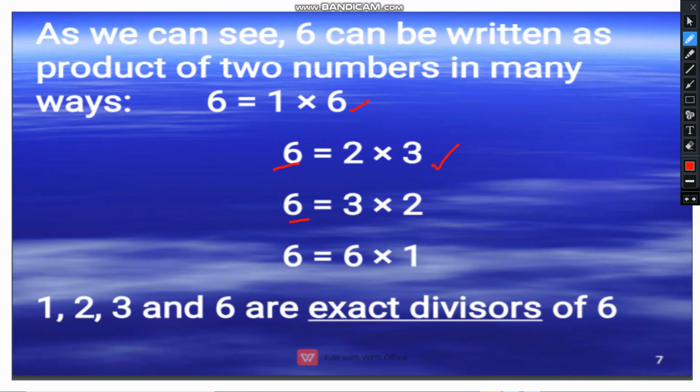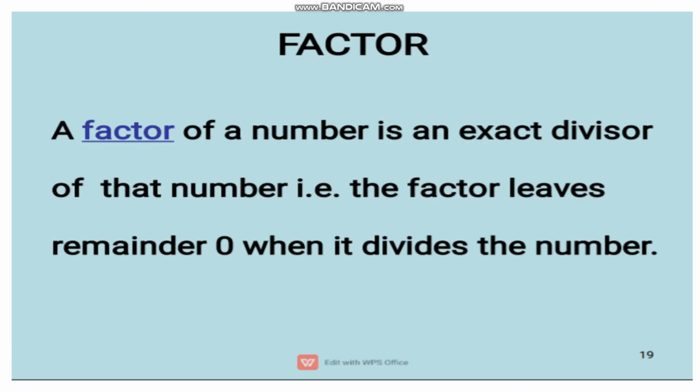We can write 6 as 3 into 2, or we can also write 6 multiplied by 1. So we can see that 1, 2, 3 and 6 are the exact divisors of 6. This clearly explains the basic concept of factors.